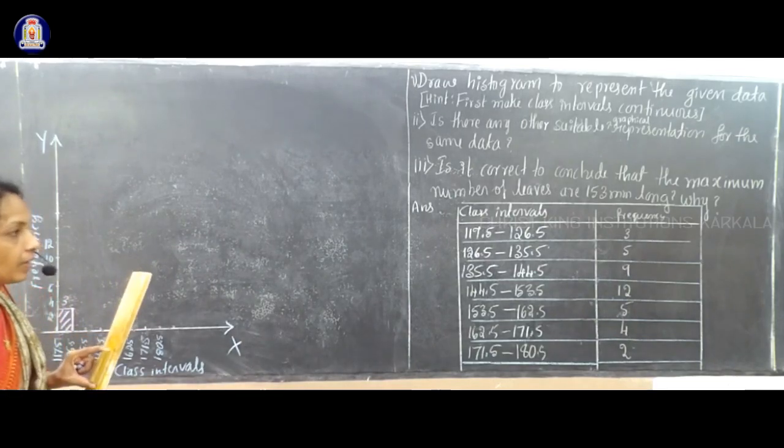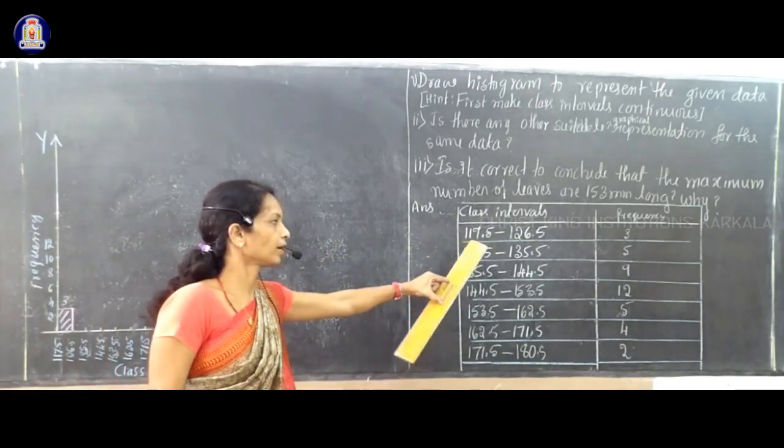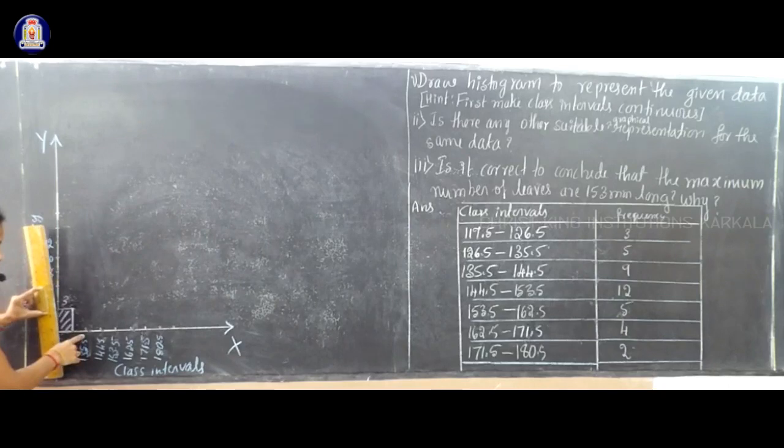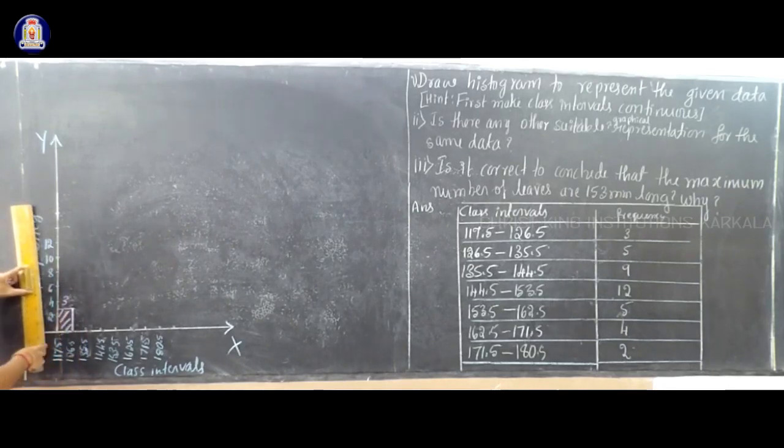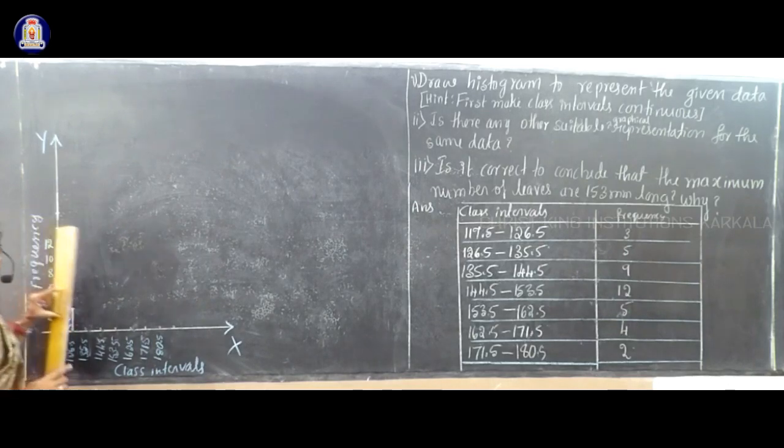Next class interval starts from 126.5 and ends with 135.5. On the x-axis you have to take the first number, that is 117.5. Usually in a graph we mark the first numbers 0, 1, 2 like that, but here we take 1 centimeter as this much unit.